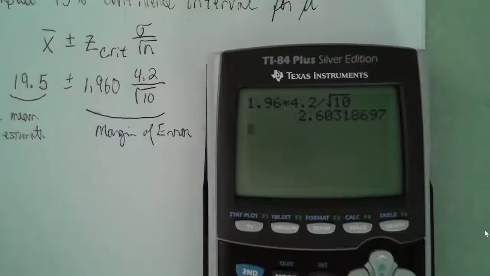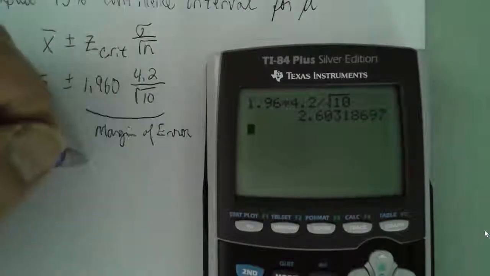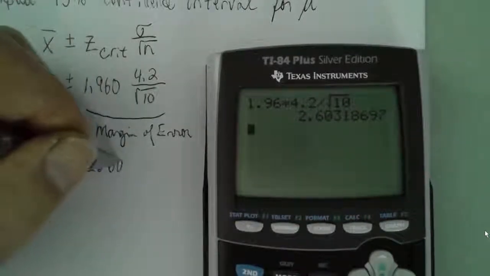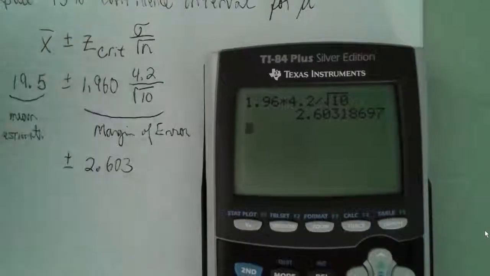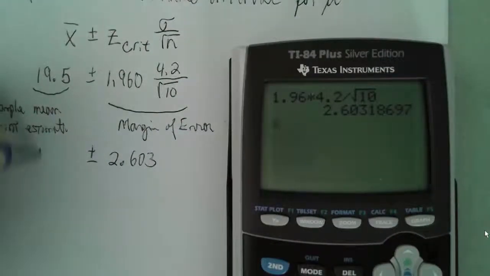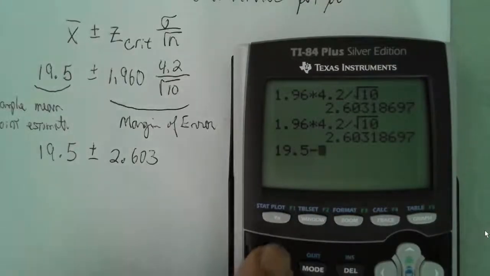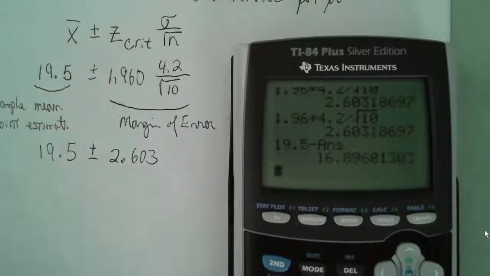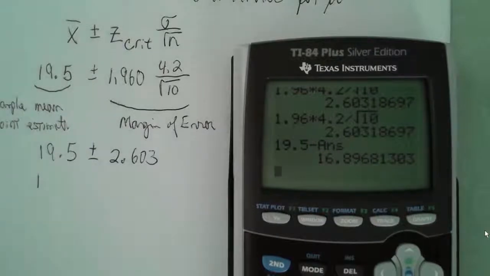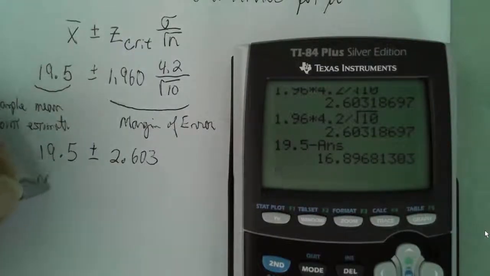So we're getting about 2.603. That is being added and subtracted to x bar. 19.5 minus the previous answer is 16.90 if you round off to 2 decimals.